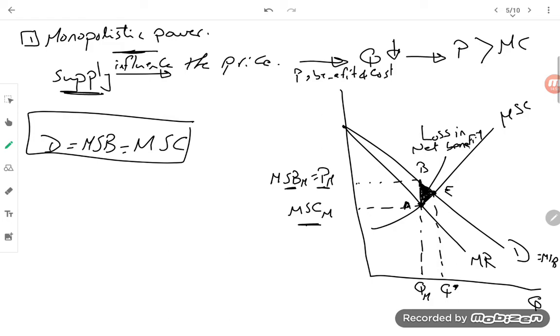So in this case, the profit maximizing condition will be when marginal revenue, which is equivalent to the price, equals marginal social cost.